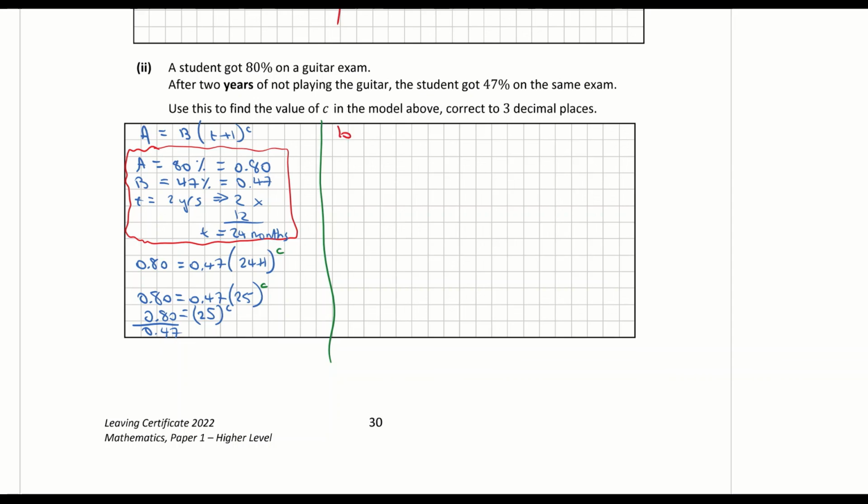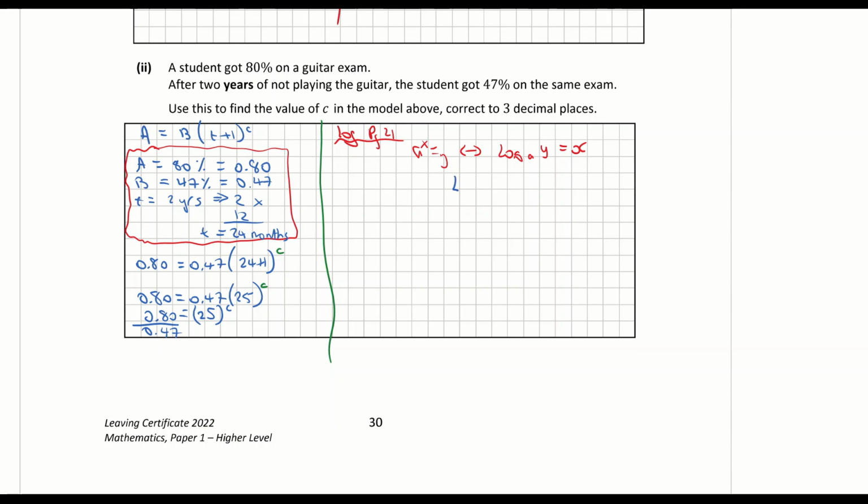Let's again use our logs, page 21, bottom right hand corner here, which is given as a to the x is equal to y, is the same as the log of y to the base a is equal to x. So I'm going to use this now to help me solve for c.